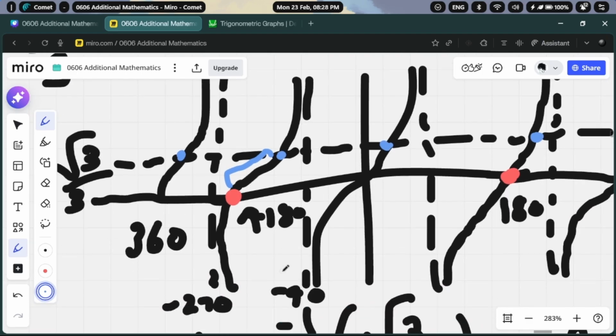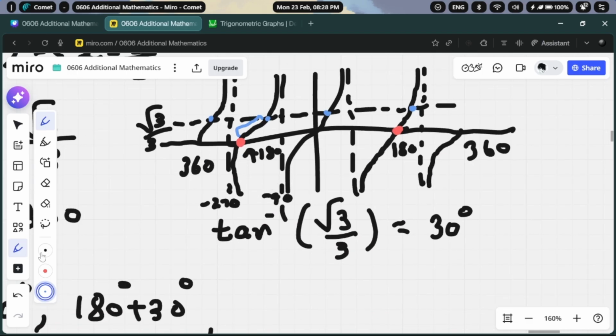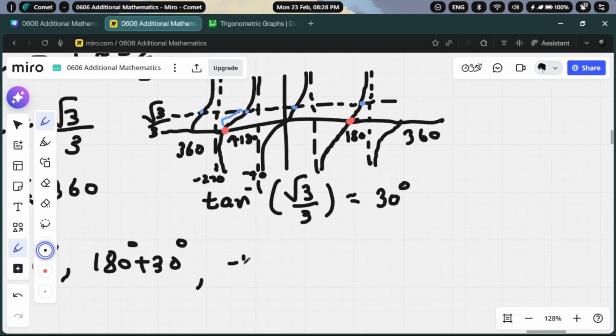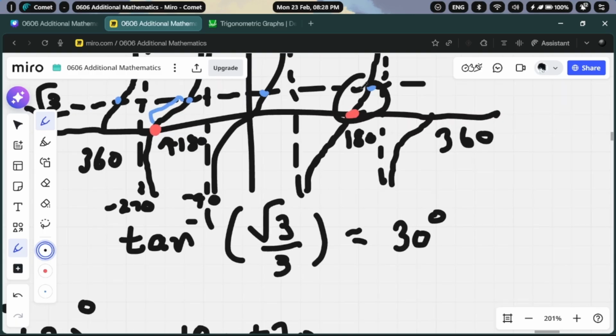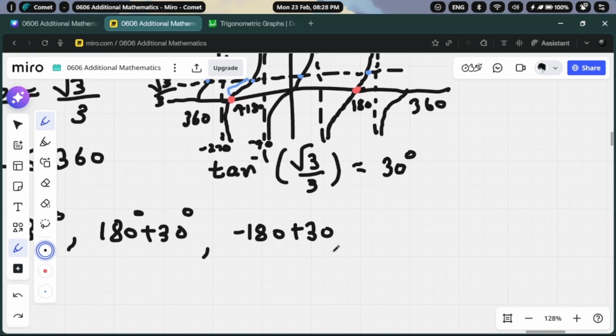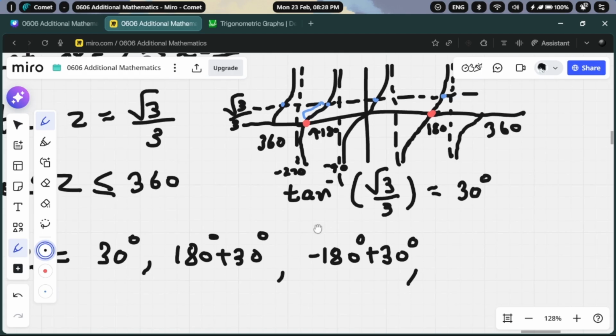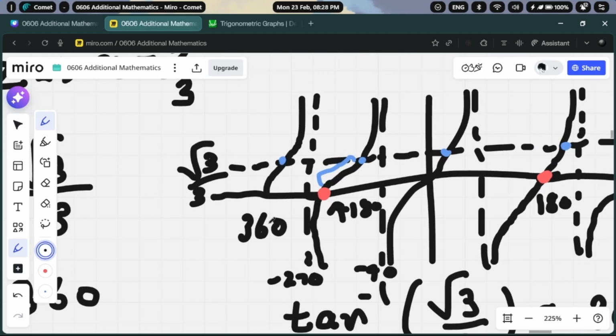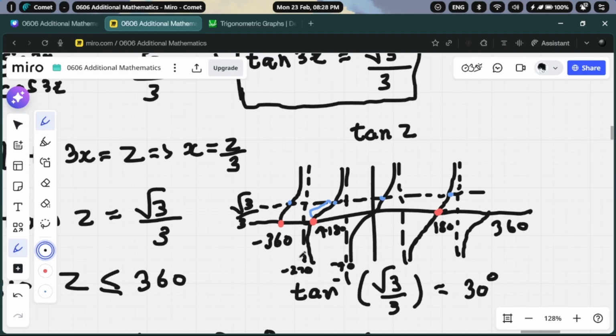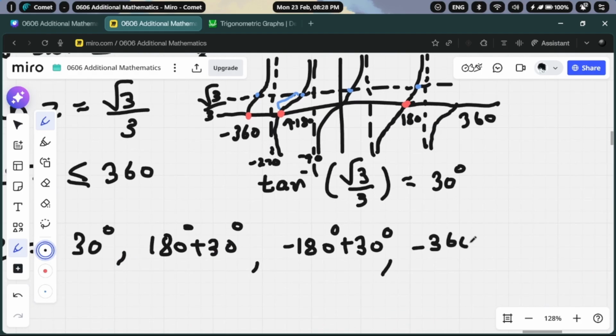So you would do minus 180 plus 30 to get the next value, because the blue point would be 30 units ahead of the red point, kind of like how we did over here. So that's your third point, and then over here this is minus 360 degrees. So similarly you do minus 360 plus 30 degrees.